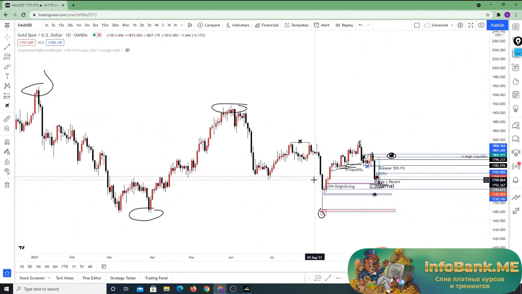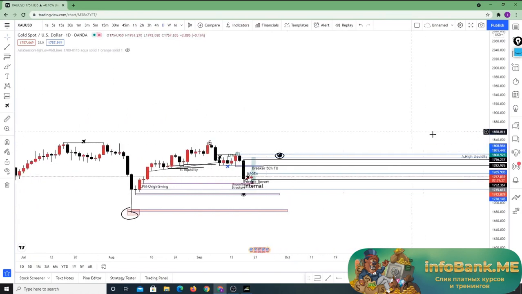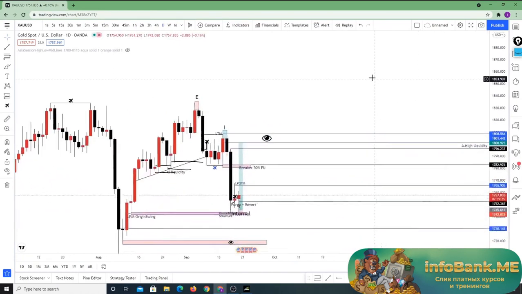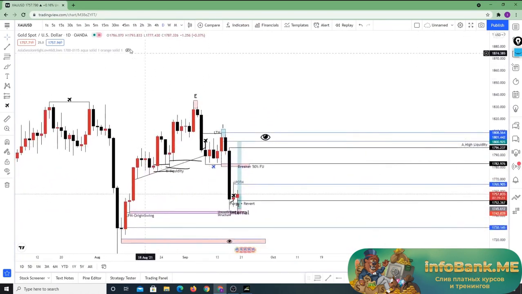The third type of hidden liquidity is actually the Asia low, high, London low, high, New York low and high liquidity, right? As you can see here from my chart, I've labeled an Asia high liquidity.